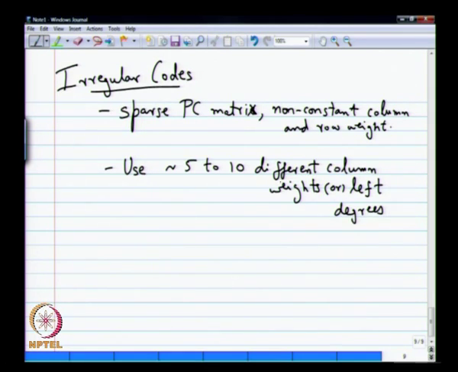If you think of the matrix, then it is column weight, in the Tanner graph it is the degree of the left node, which is called left degrees. Usually you use 5 to 10, I am just giving you a rule of thumb here, you can also use 20 if you like, but it just gets more complicated. And for row weight you use either 1 or 2 different row weights or right degrees.